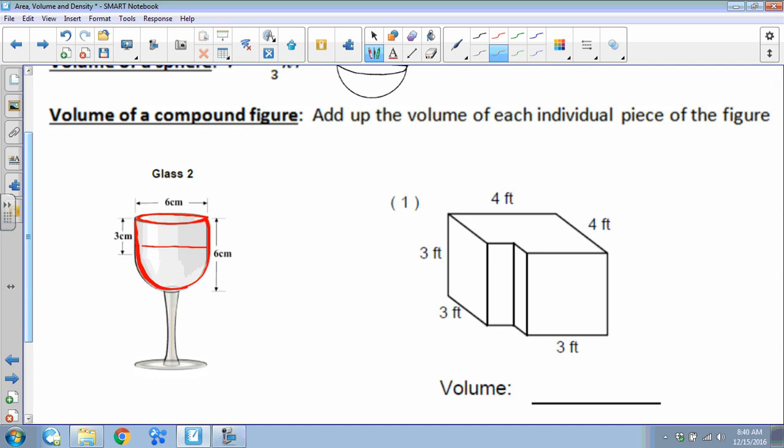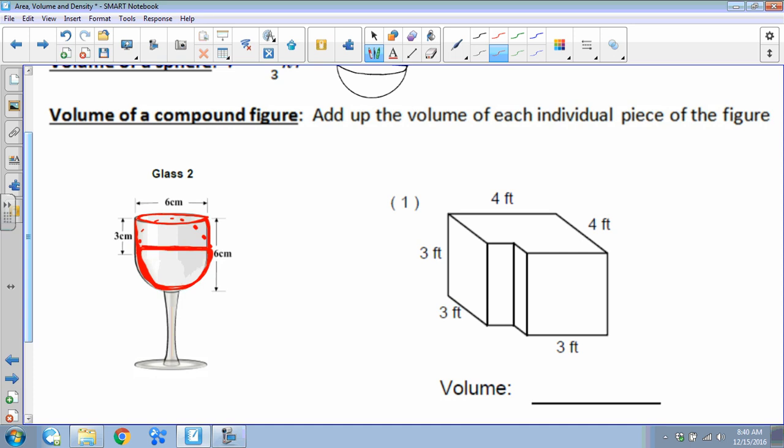This piece right here is half of a what? Half of a sphere. And then the top part is a cylinder. So you do the volume of the cylinder plus the volume of half of this sphere. Okay, because if I completed it all the way around, that would be a whole sphere.